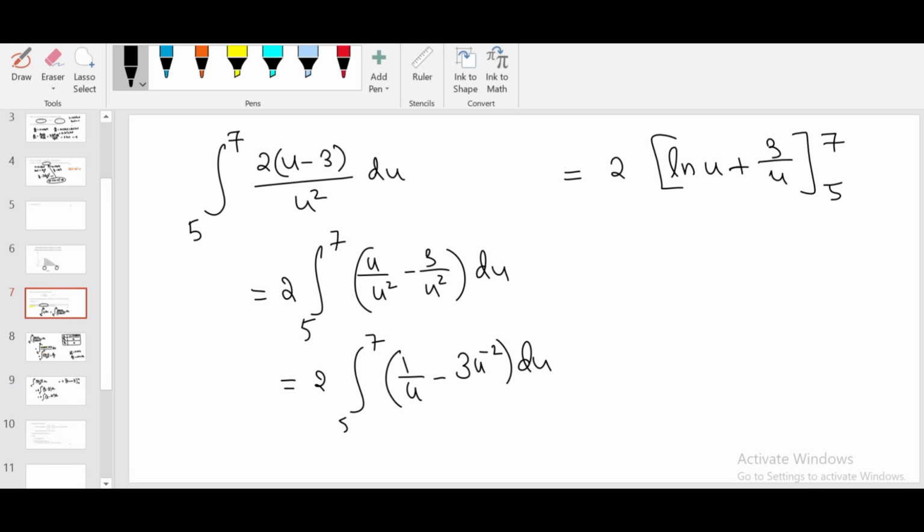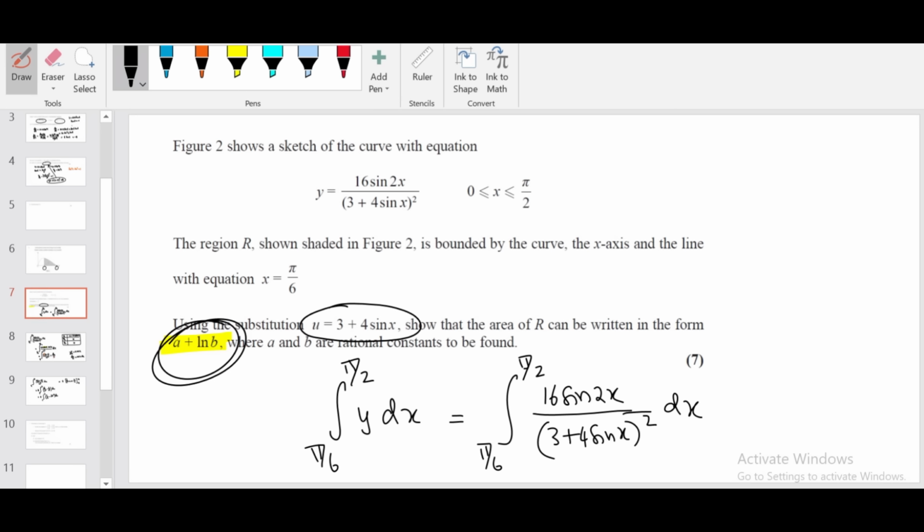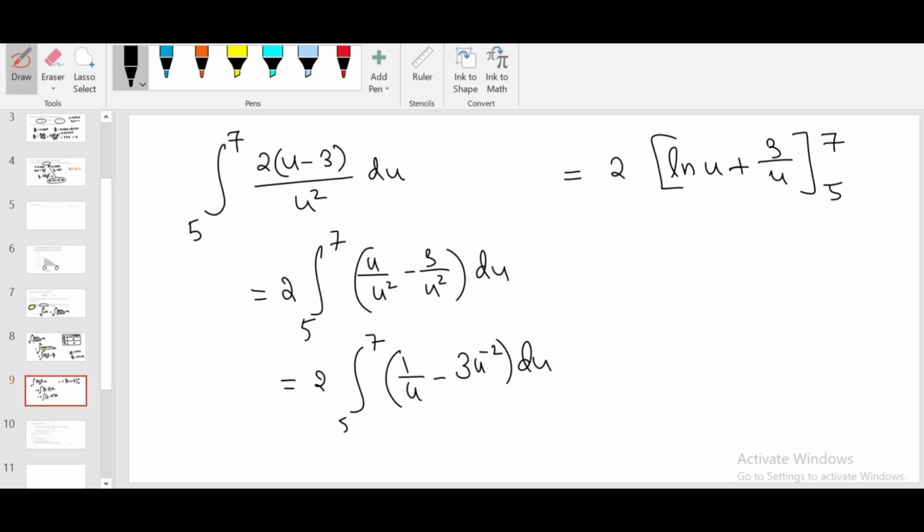We need to write the answer in this form, a plus a single logarithm. So when you sub in the upper limit, it's going to be ln 7 plus 3 over 7, minus the lower limit ln 5 plus 3 over 5. There is a 2 outside.